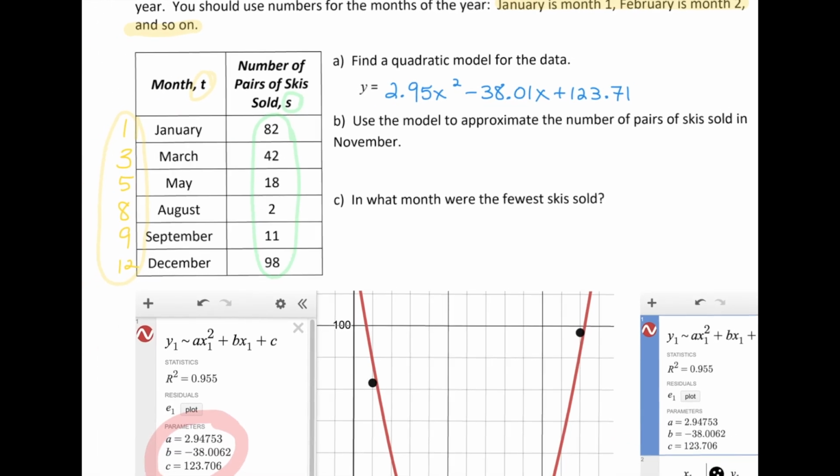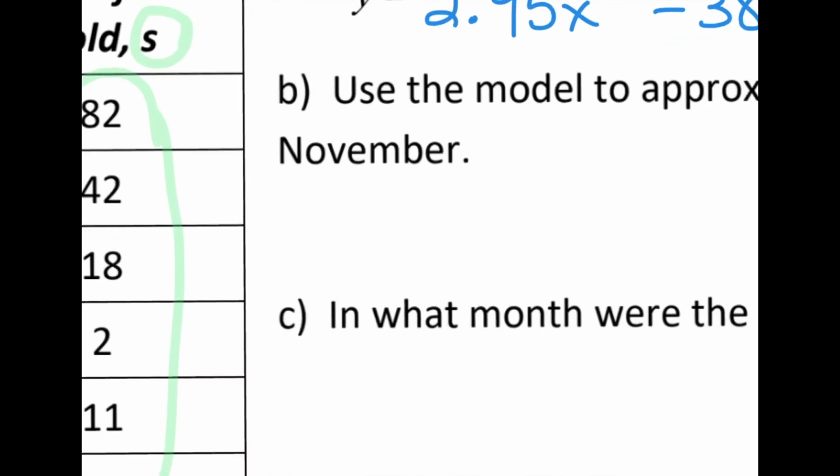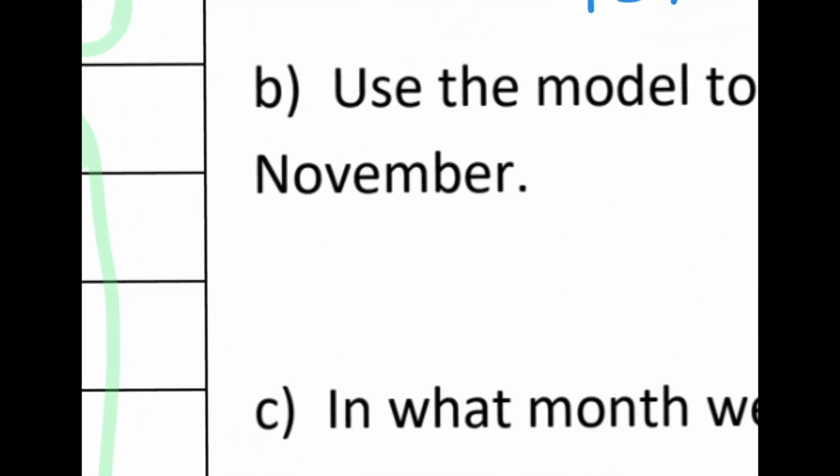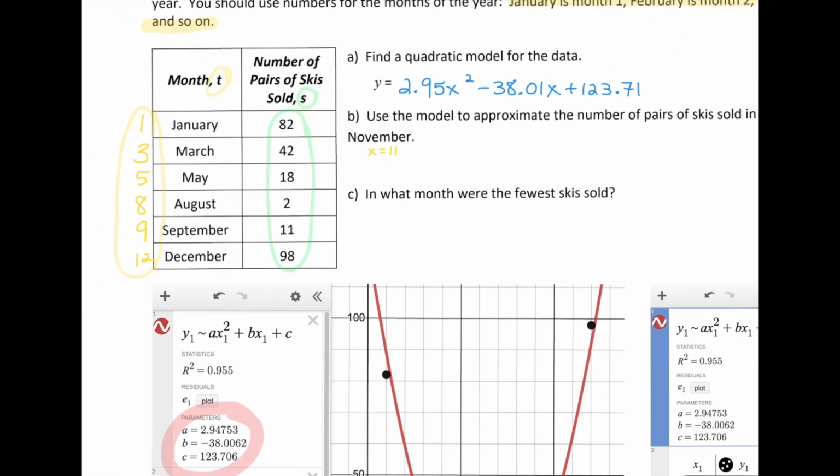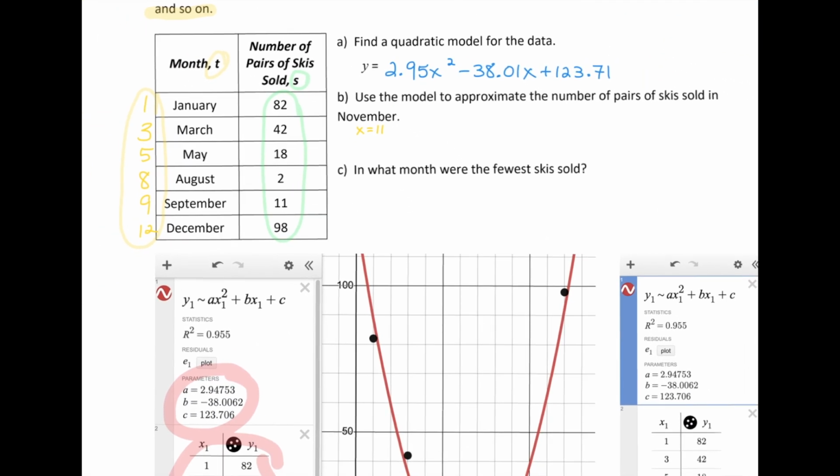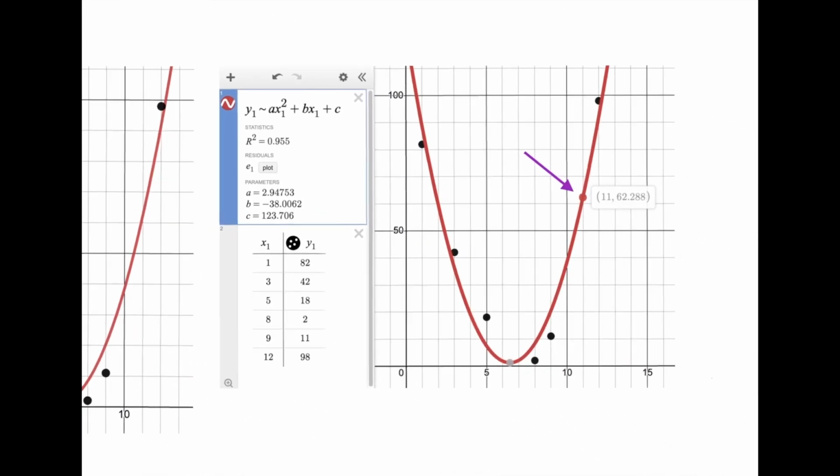Now I want to approximate the number of skis sold in November. Remember that the months are being given as a number, and the months are my independent axis. So the X value is equal to 11 here. If I want to approximate where X is 11, that's another one where I'm going to need to just drag my cursor along the graph.